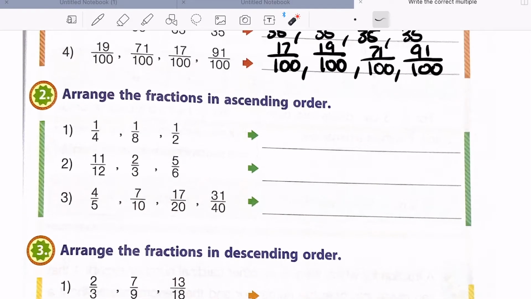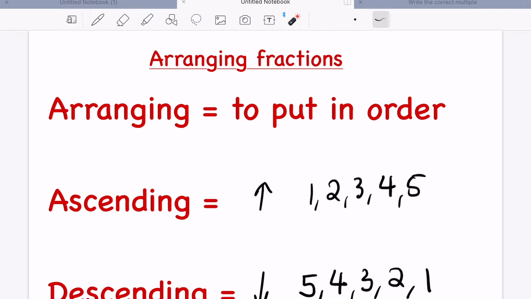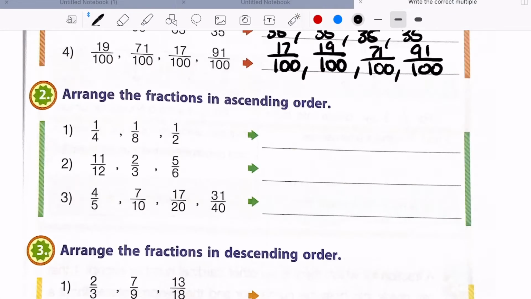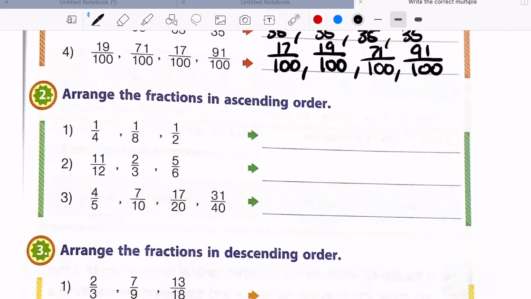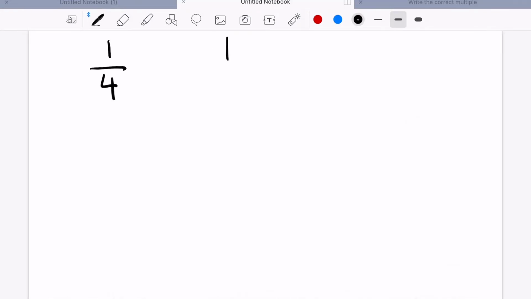So let's write it out on a different page to make it easier. Let me erase this, put a new page. Here we have 1/4, 1/8, and 1/2.